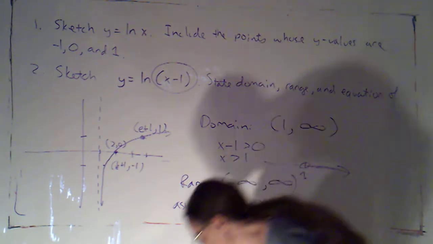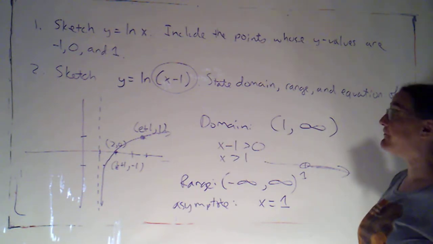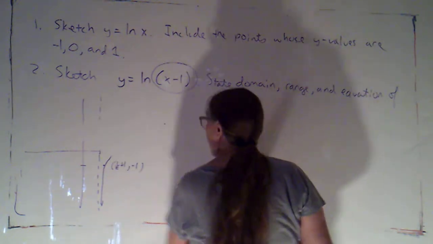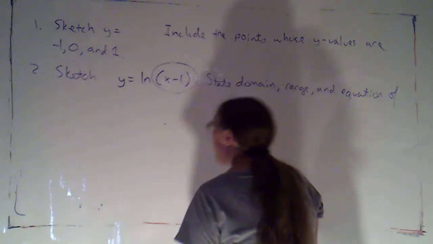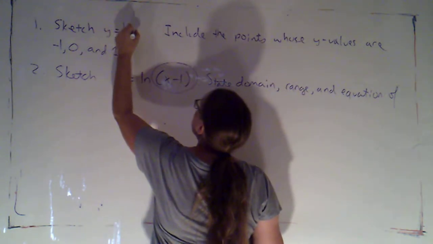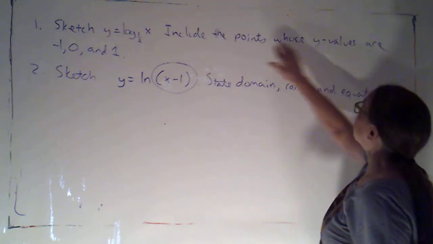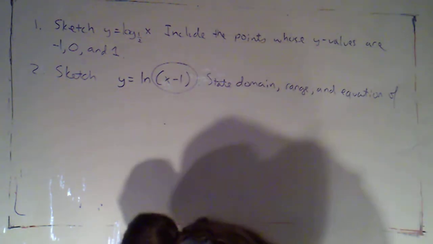Okay, excellent. So I'm going to have you try one of these transformations before the next video, and then we'll go over it together in the next video. So I want you to sketch y equals the log base 1/2 of x. Include the points whose y values are negative 1, 0, and 1.